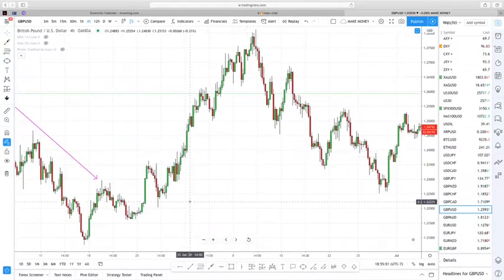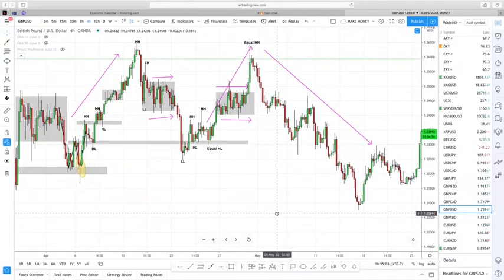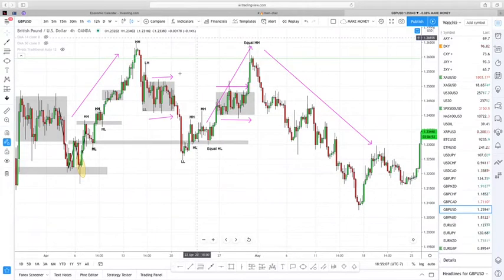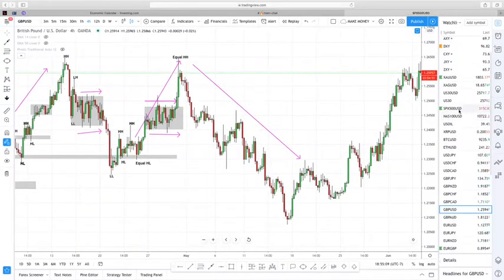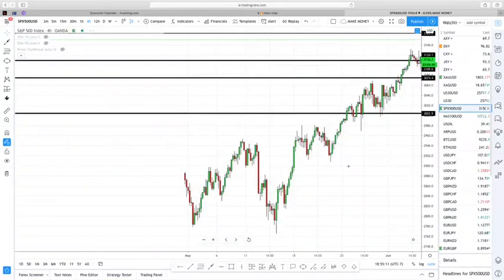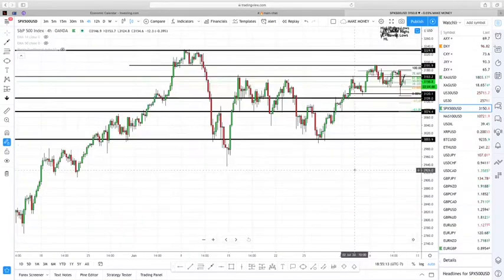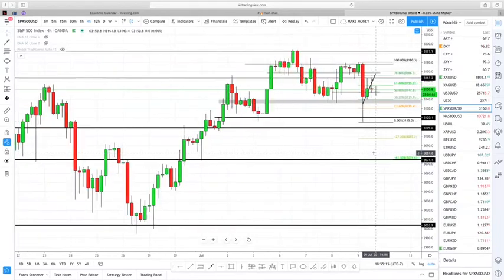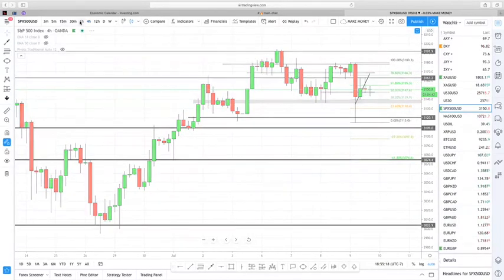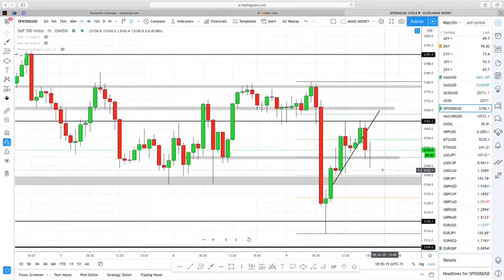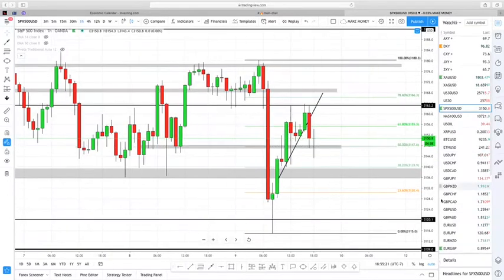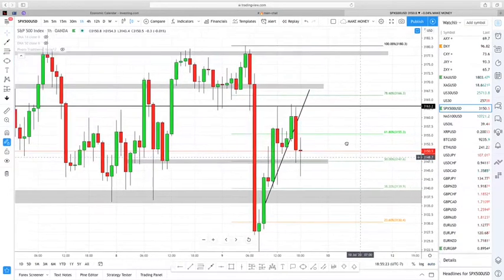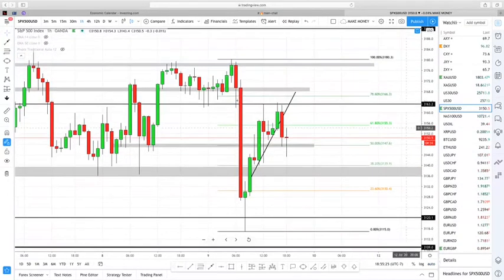I don't see any here, but let me go back to SPX. That was a perfect example, like the trade that Marcus called today. And we taught this on Tuesday about how the market moves in your impulse.